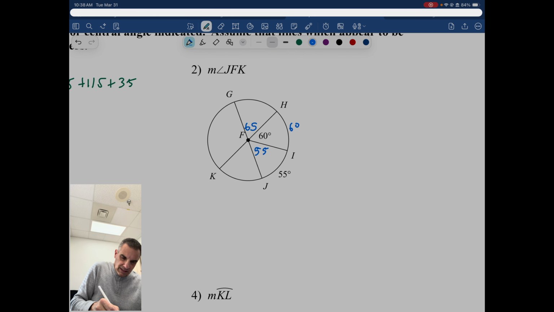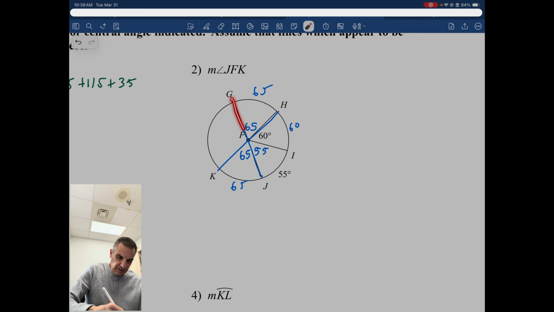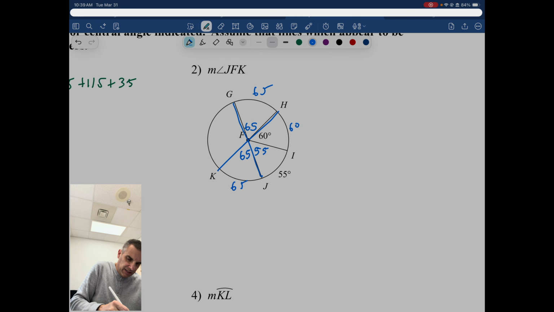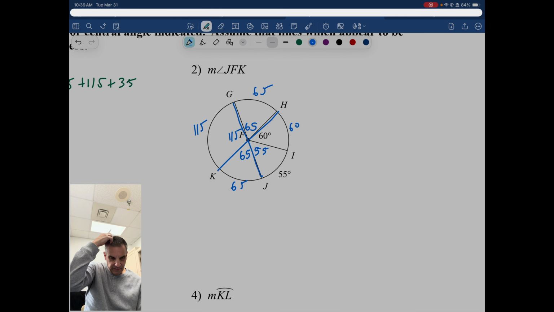So this is 60, this is 65. These 2 sides create vertical angles, so this has to be 65, making this 65. And this right here is a diameter, so 180 minus 65 is 115. I got everything filled out.